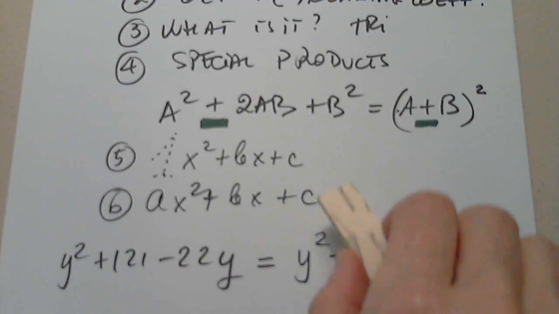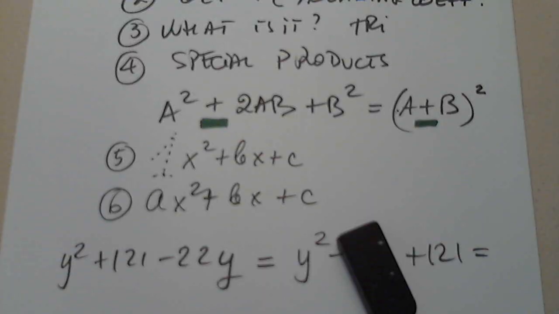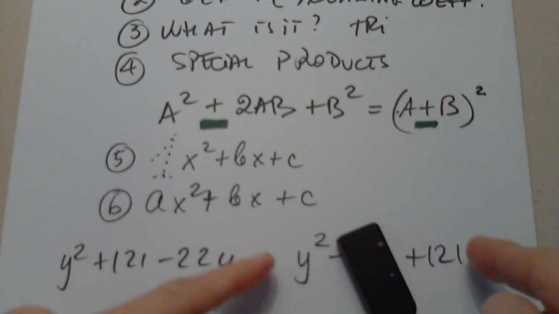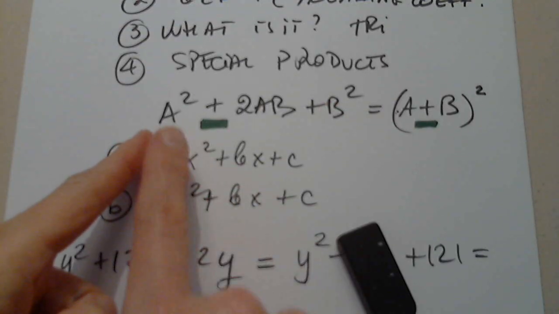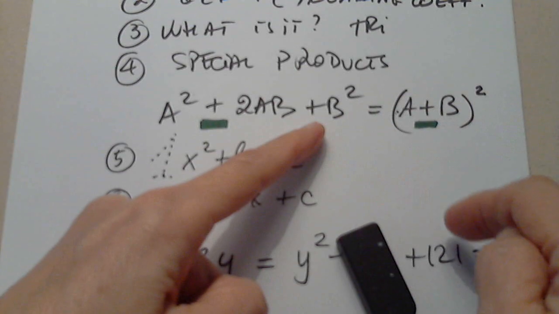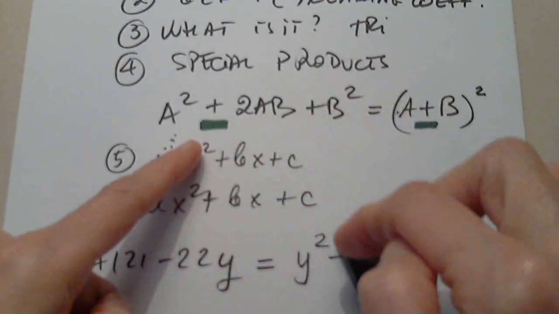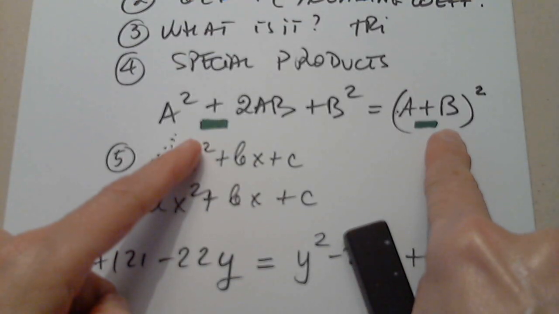So when I look at this, I identify that there is something I square, because it's 11. 11 squared is 121. And there is minus. So what do you expect to get?